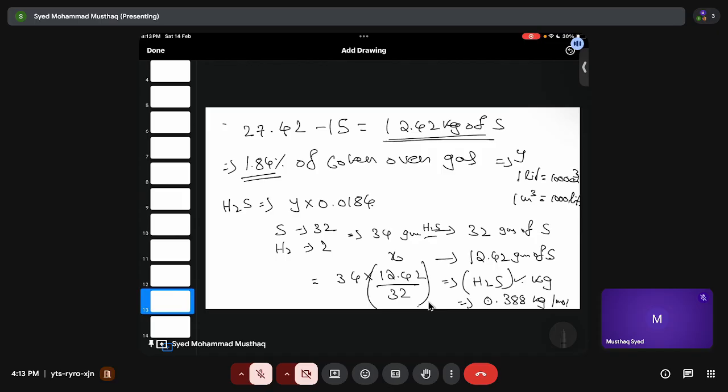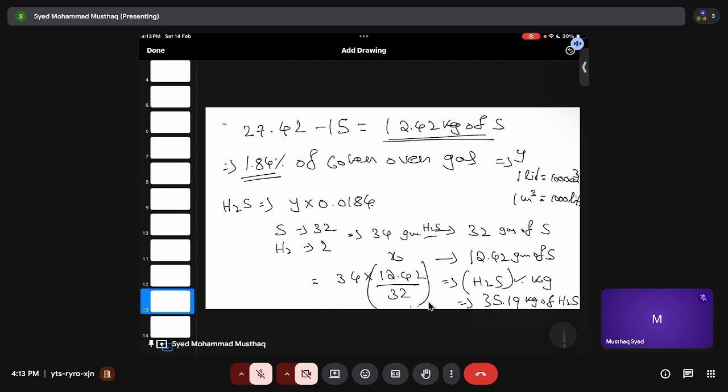It will give me 35.19 kgs of H2S. Now we need to convert into moles, so again I need to divide it by 34.